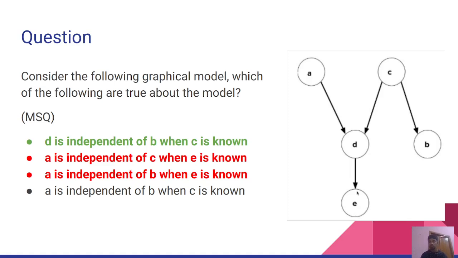So what we are saying is that, okay, let's consider this in two parts. Okay, D to B, this part, and A to D. Let's consider this one. D, C, B: is D independent of B given E? So are they independent, D and B?